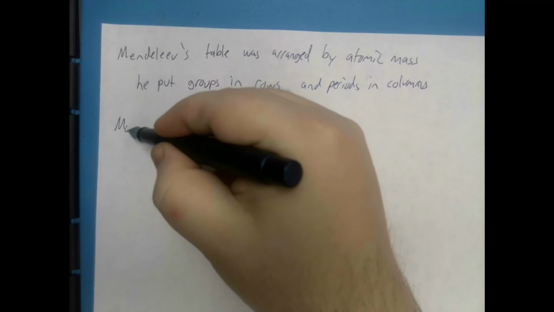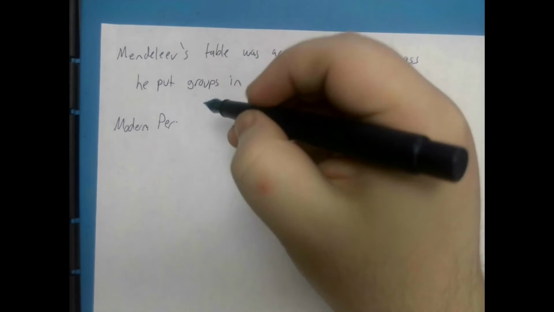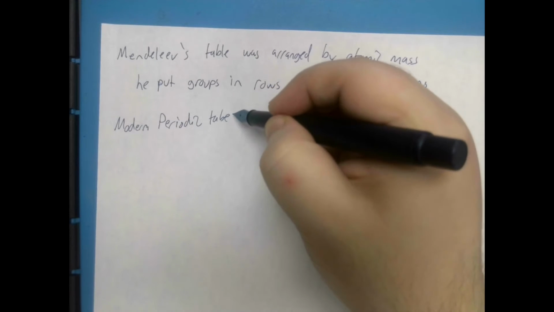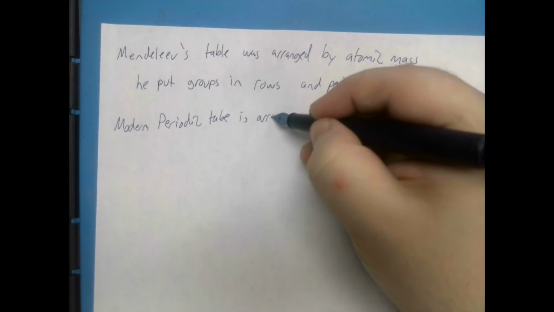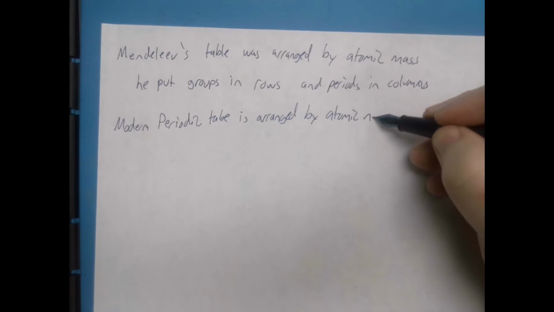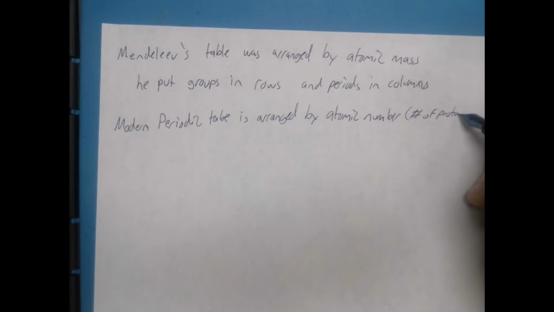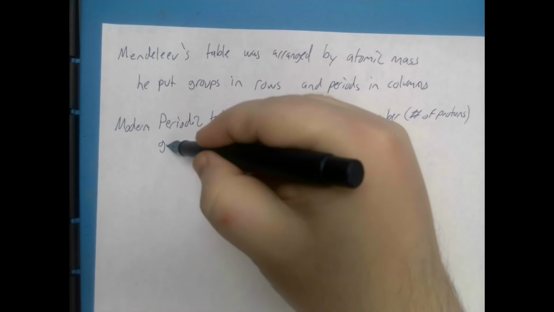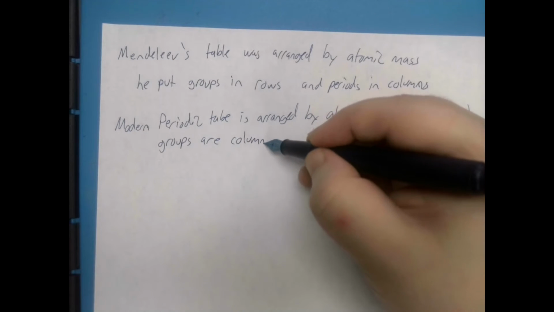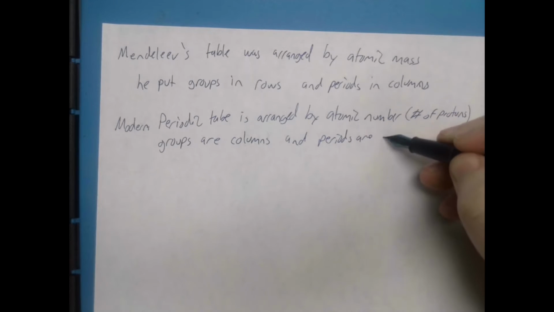The modern table is arranged by atomic number, or number of protons, and groups are columns, and periods are rows.